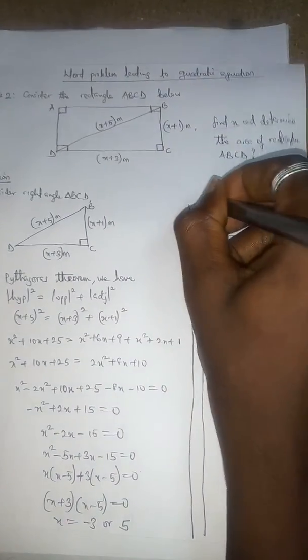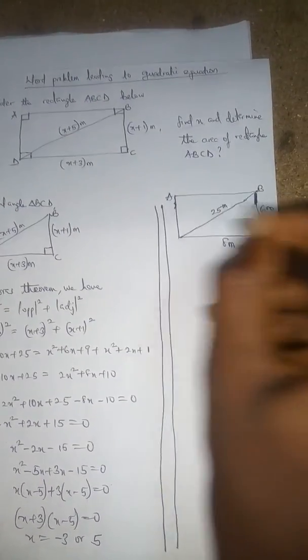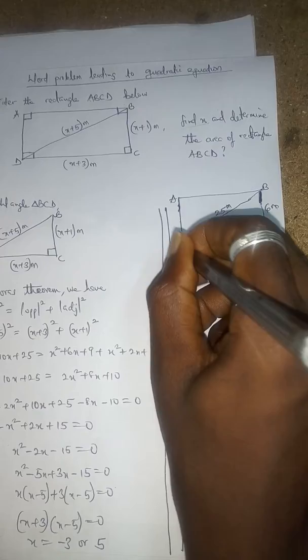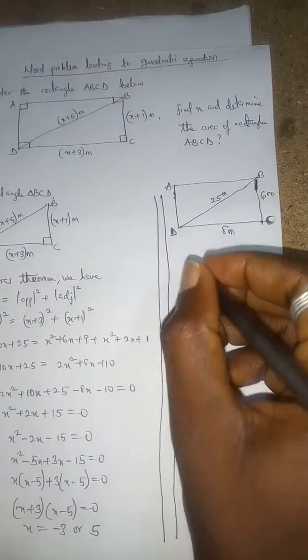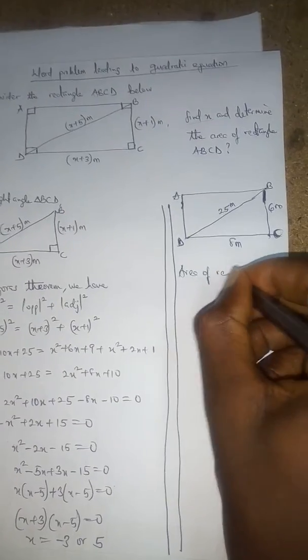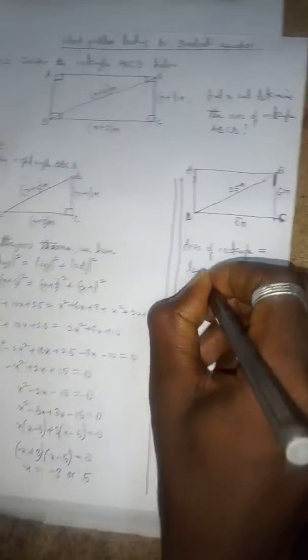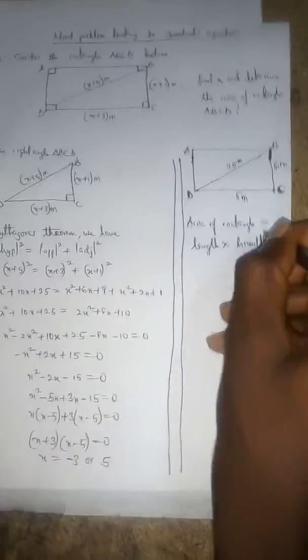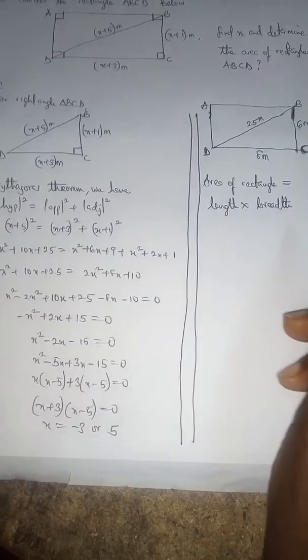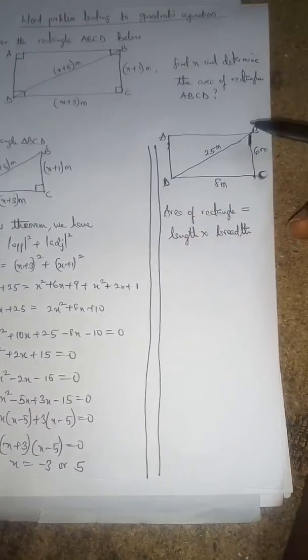In this diagram, we can deduce the area of the rectangle. Area of rectangle equals length times breadth. The length is 8 meter and the breadth is 6 meter. The diagonal is 10 meter.